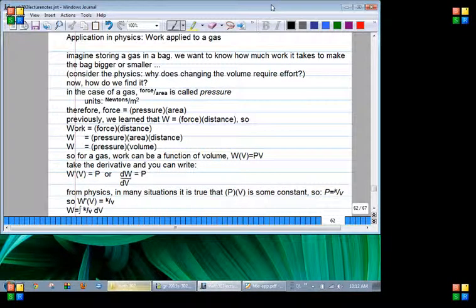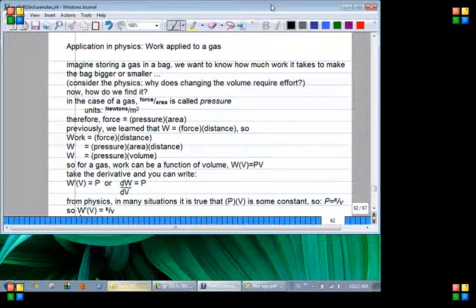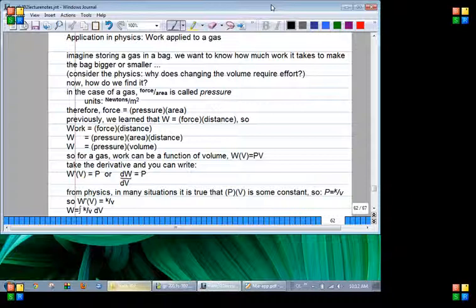If we know the derivative of work, how do you find work? Take the antiderivative, or the integral. So work is just the integral of K over V dV, and we say dV because we're treating V as our variable.